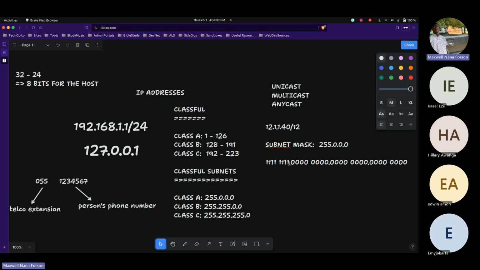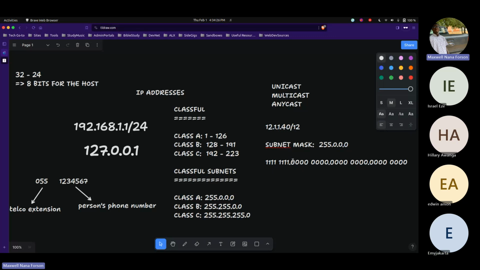Okay, so this 255 here just means that all of these have been reserved for the network, so we can't touch this. But everything from here all the way to this side, all the zeros, can be manipulated to create valid IP addresses for host devices.